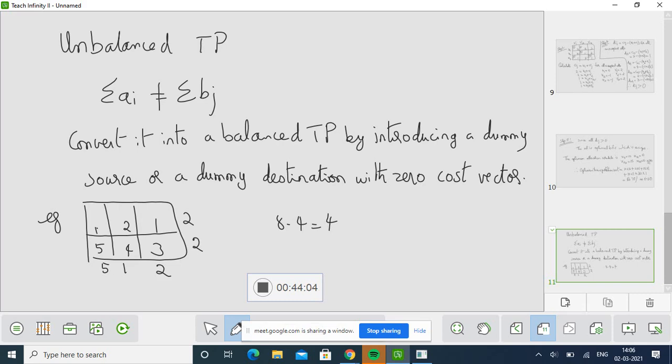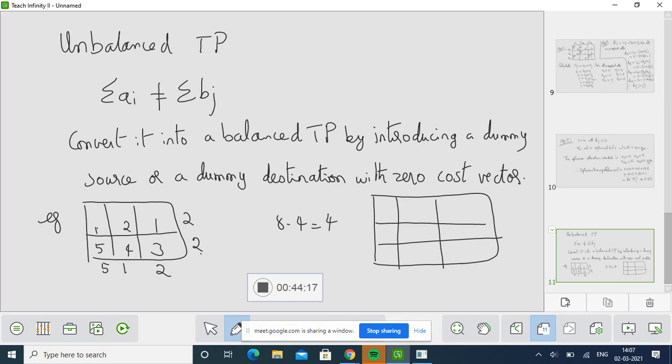Where should I get it? Under my, what is this? Supply. Under my supply, I should have it. So, I will convert this problem into a 3 cross 3 problem. What will I do? Simply, I will copy the same costs, 1, 5, 4, 3. Put zeros in the extra row that I have introduced. In the base, I will write 5, 1, 2.